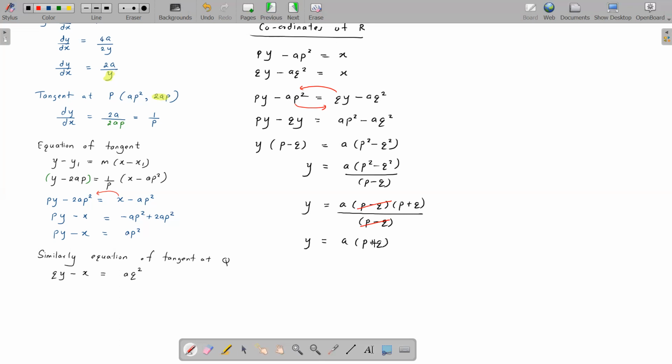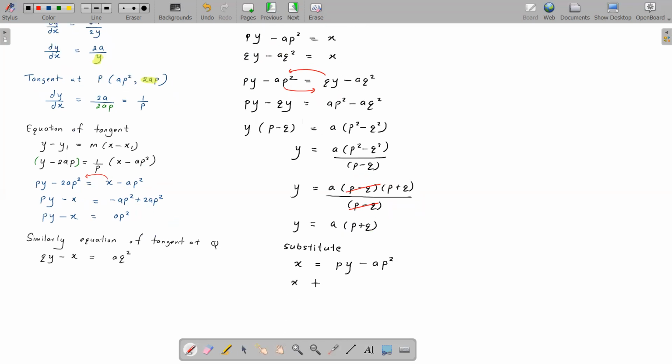Now to get the X value, how do we get the X coordinate? Substitute, right? So we'll substitute into this equation. Let me put it into any one of the two equations. X equals Py minus AP square. So I get X equals P times y, which is A times (P plus Q), minus AP square.